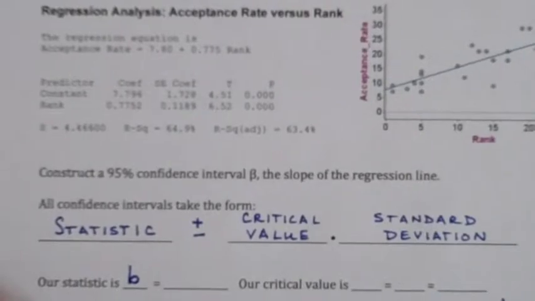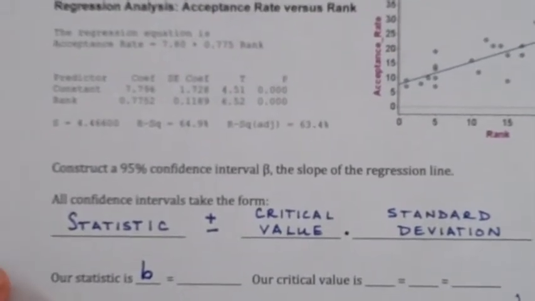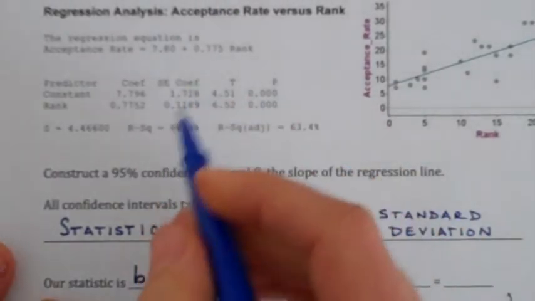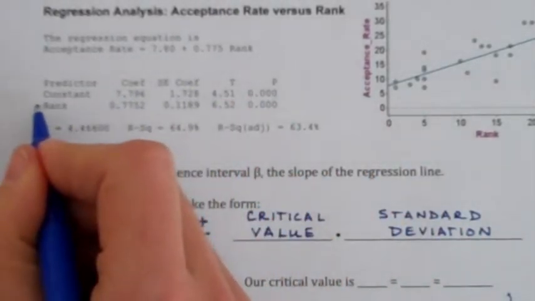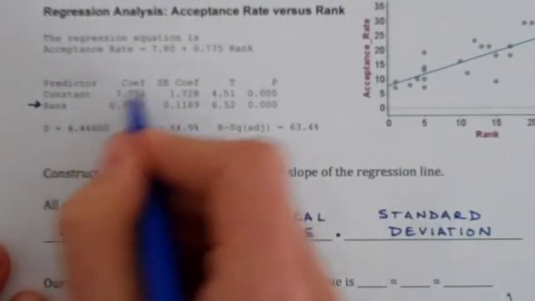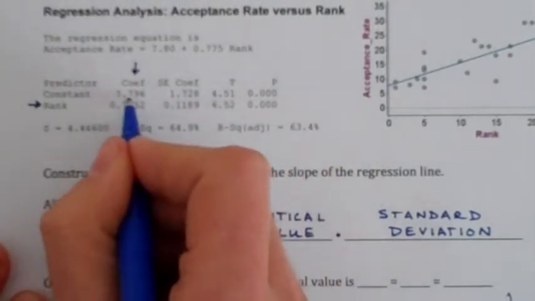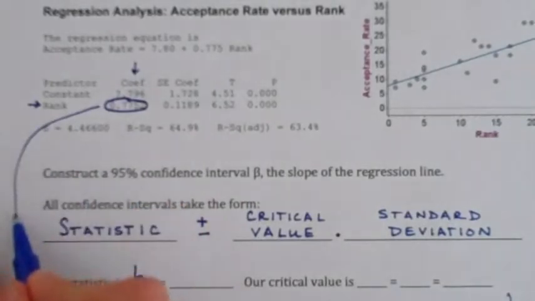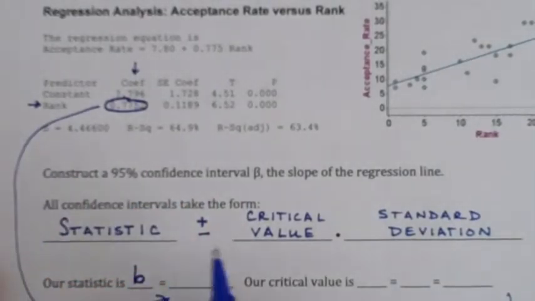Looks like I'm zoomed in as far as I can, so we're going to have to work with that. Right here we have our predictors, and this one is rank. Since this is the coefficient of rank, this number right here, the 0.7752, is going to be our slope.